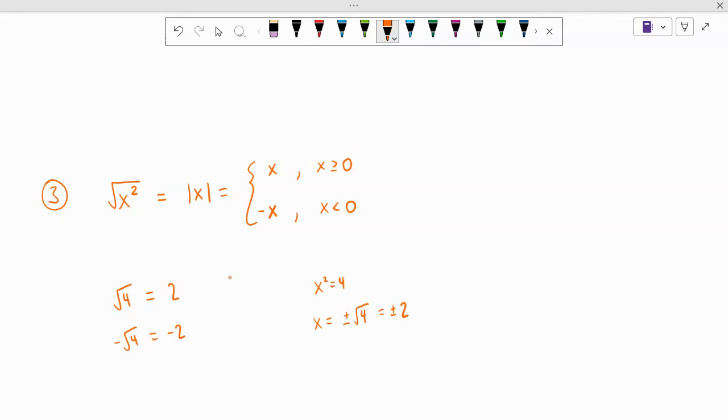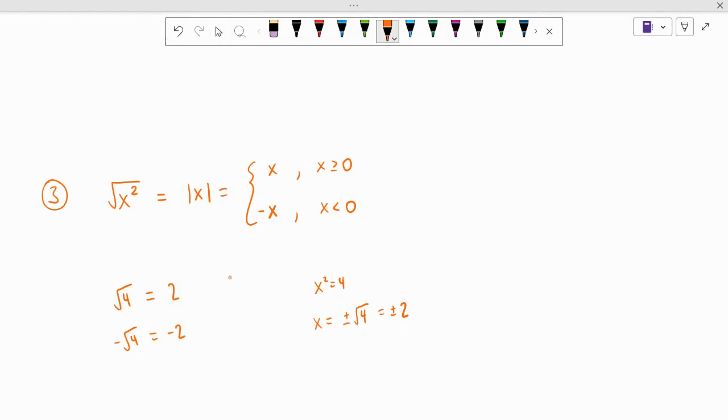So really, when we talk about the square root of something, mathematicians have defined the square root function to only give the positive root as the output. So if you want to specify the negative output, you need to put a negative sign in front of the square root, okay?